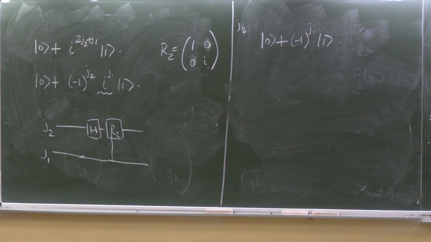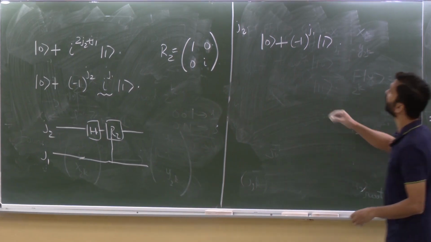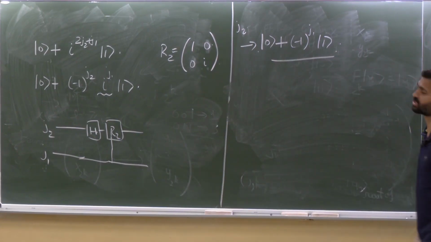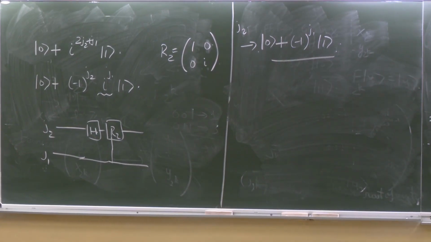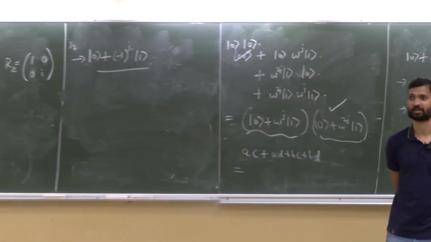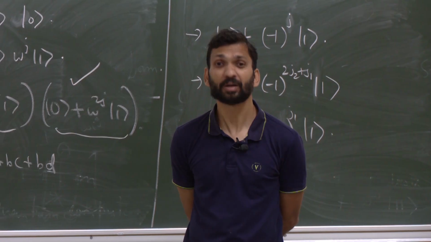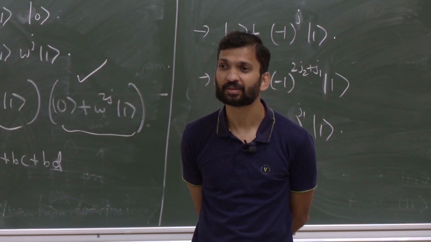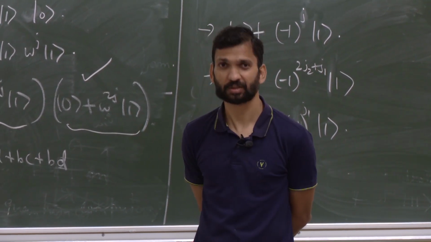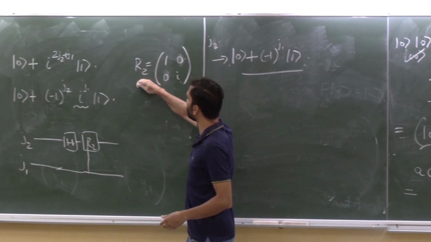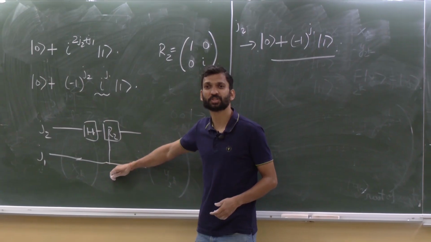Let's say my J2 should move to this state. Control Z with control on J1. Now this is control R2 with control on J1.